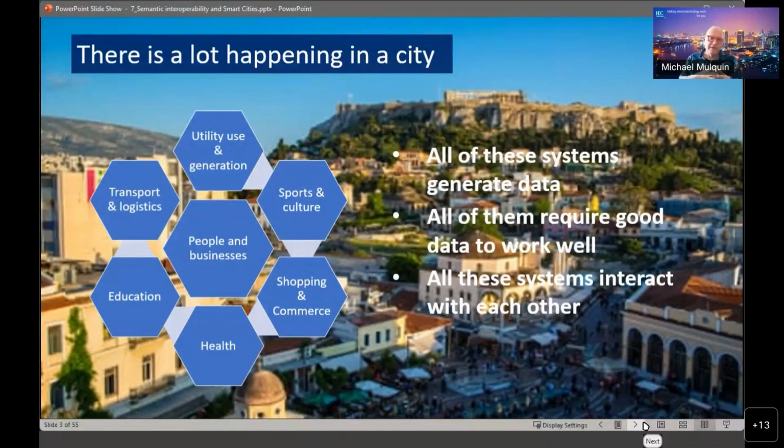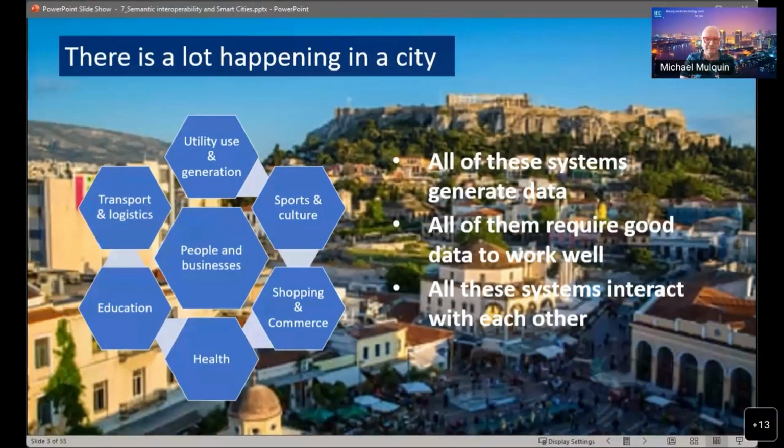But just being very simple at a high level, there is a lot happening in a city. We've got many different systems in the city. We've heard about health just now, and we know that a city depends on many other systems that all need data, increasingly need data to work well, and are therefore collecting lots and lots of data, using it to manage the different aspects of the system that they're involved with.